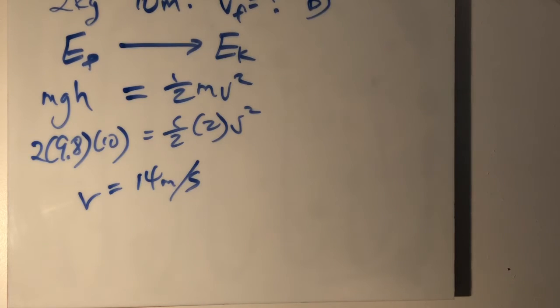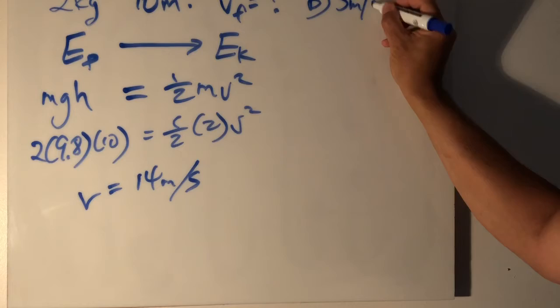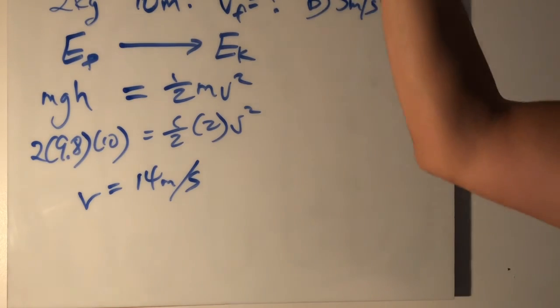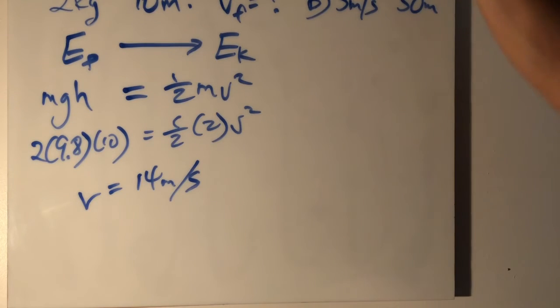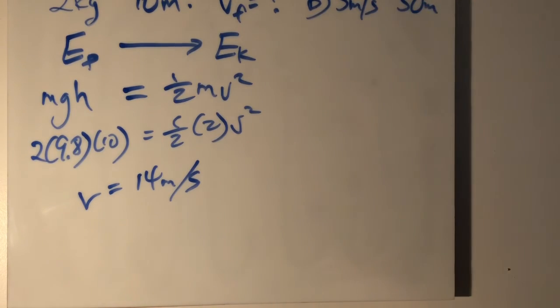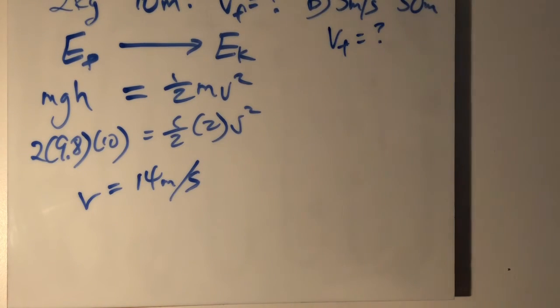Okay, example B. Example B says, if an object is traveling at 5 meters per second when it is 50 meters off the ground. So we're already talking about something that's already moving. So let's say it fell from a higher point, and when it's at 50 meters, it is going 5 meters per second. Okay? What is the final velocity when it hits the ground?